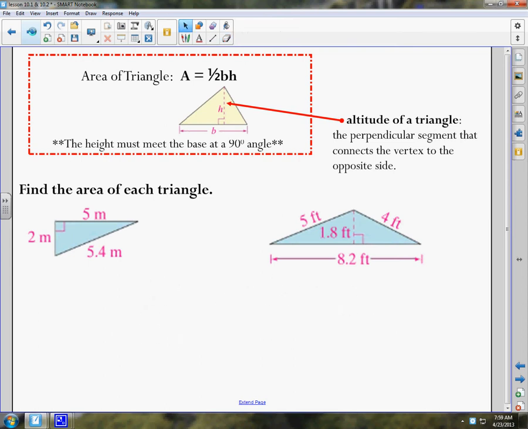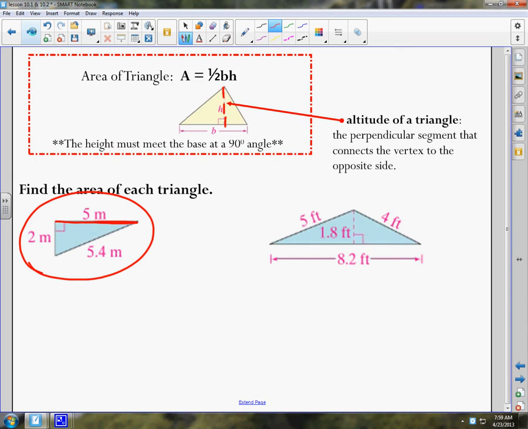All right, so write this down. Area of a triangle is 1/2 base times height. The height has to meet perpendicular to the base. So when you're looking at this and there's 3 measurements, you have to see which 2 meet at a 90-degree angle.